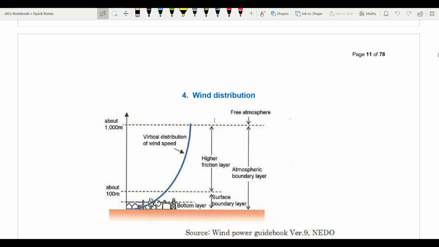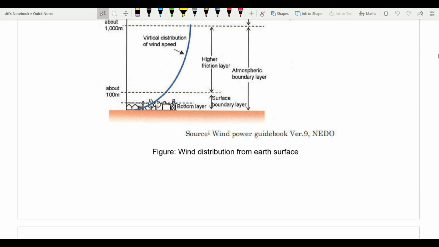This is the vertical distribution of the wind speed, where the wind speed will be higher at higher height. So the higher the height, the higher the friction. The area between 100 meters to 1000 meters is a higher friction layer. So we have 3 distributions: surface boundary layer, bottom layer and the higher friction layer.